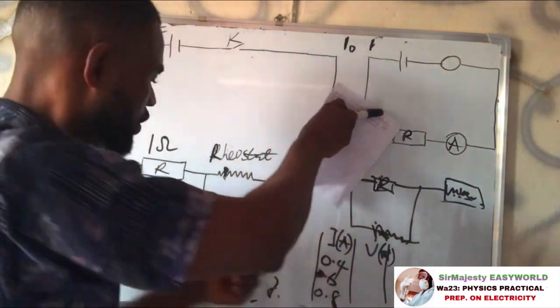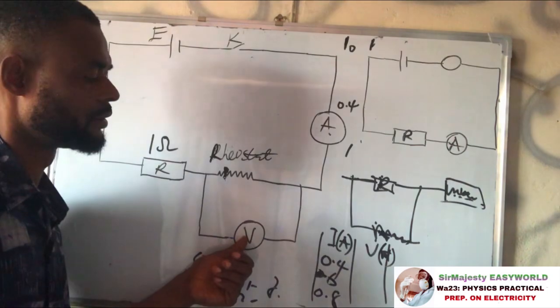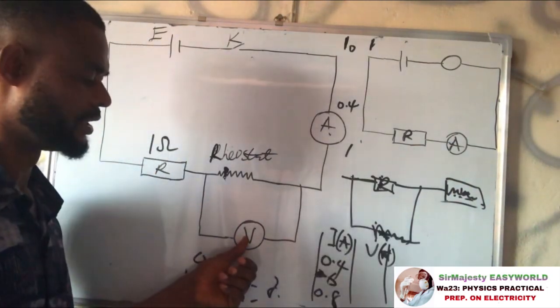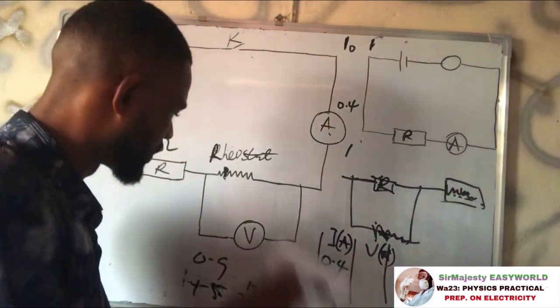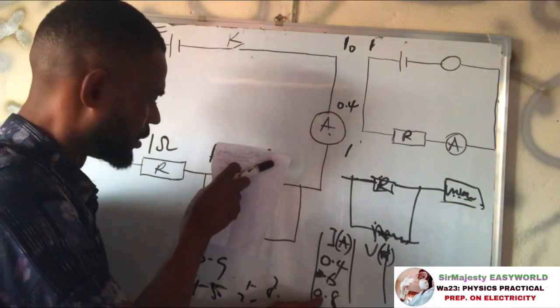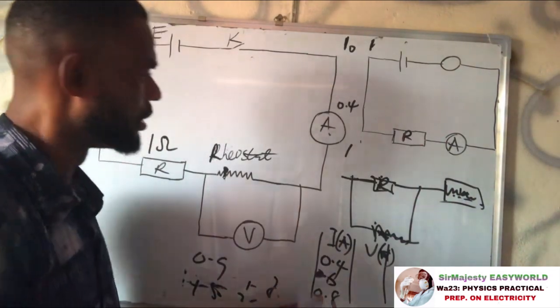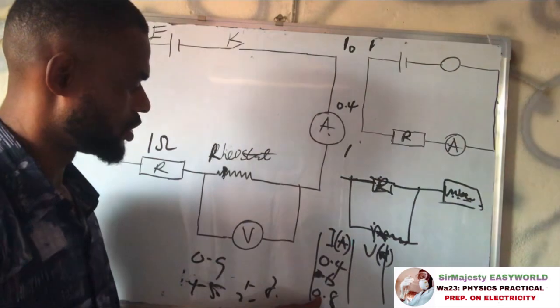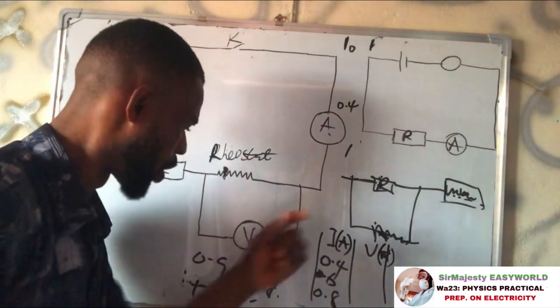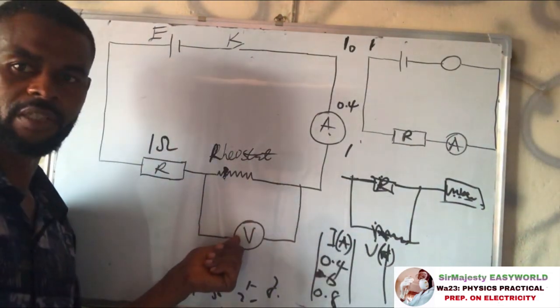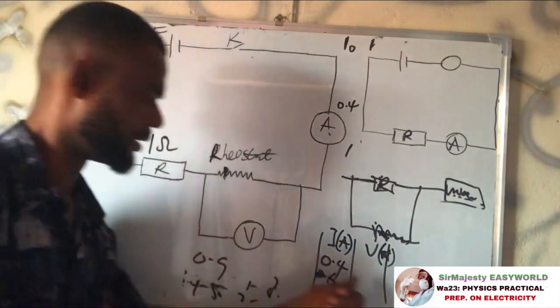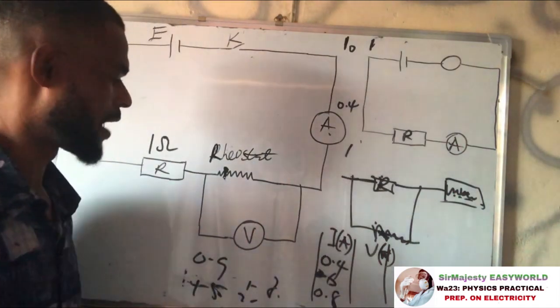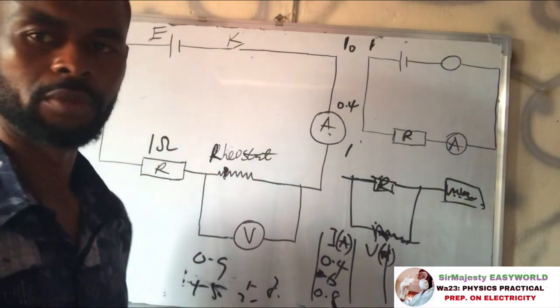Then stop. Check what this is reading. Write it under this V. Then you start moving the rheostat again. Adjust until this one records 0.8. Then stop and take a reading of this particular voltmeter here. Then write it down. Then after, you have your own table.